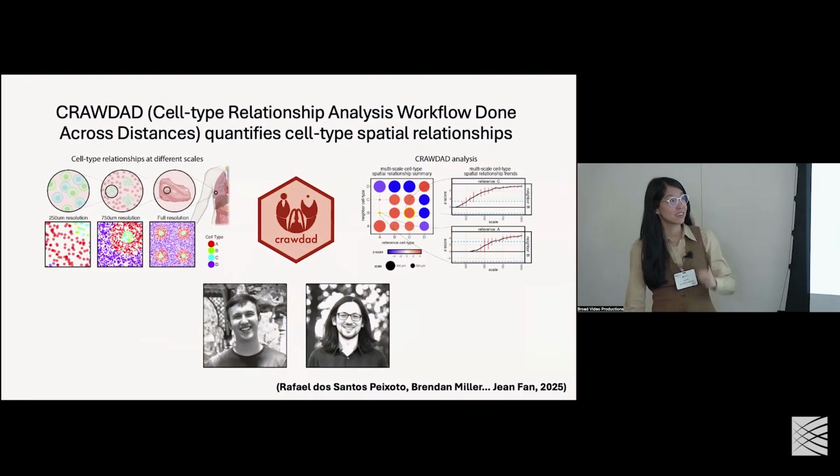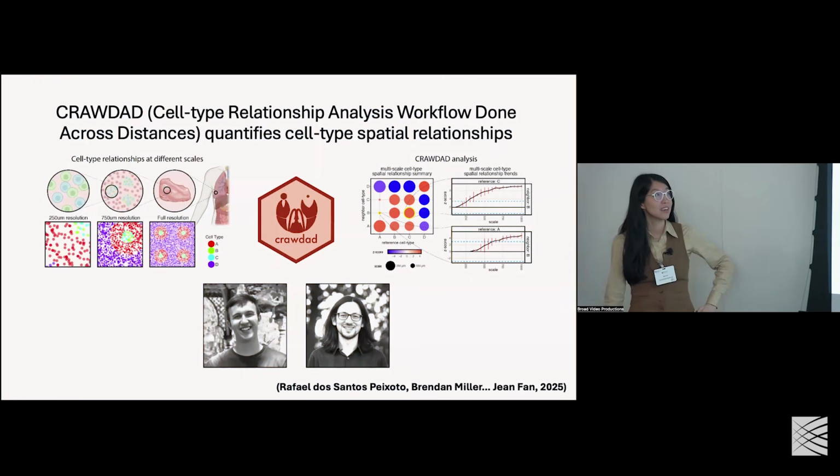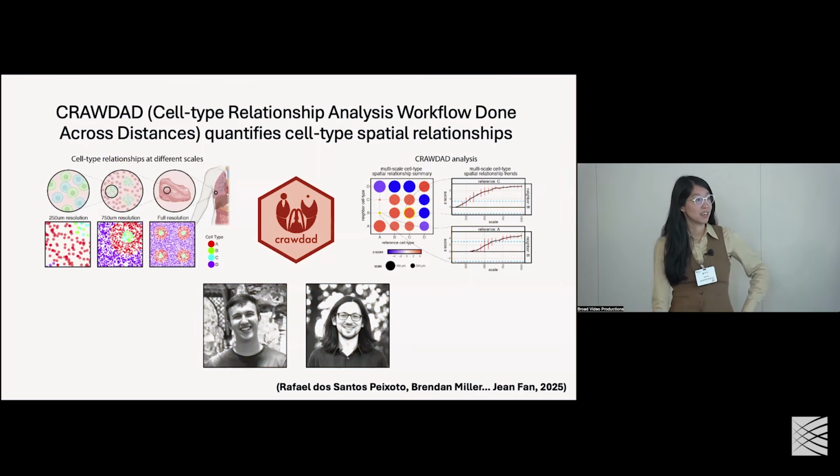So this is where our second approach comes in, led by Javier dos Santos Peixoto with Brendan Miller in my lab. They developed an approach called CRAWDAD, which stands for Cell Type Relationship Analysis Workflow Done Across Distances, to specifically quantify how cell types relate to each other in a manner that doesn't necessarily rely on alignment, because you're just looking at neighborhood proximity relationships.